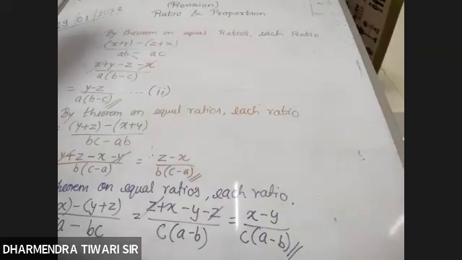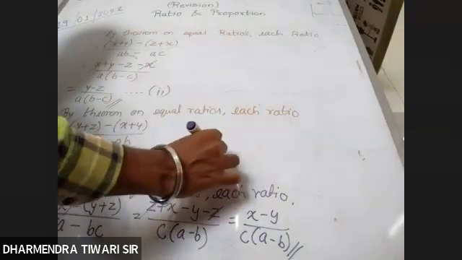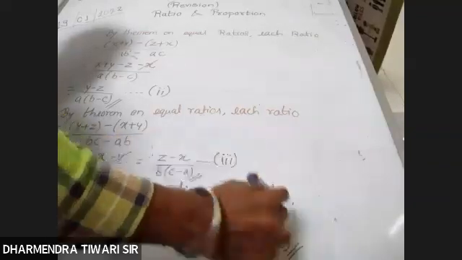It was the proper application of the theorem on equal ratios, in which after having our ratios in different forms, we are asked to show the required scenarios. So what we have done, we have found equation 2, equation 3, and equation 4.